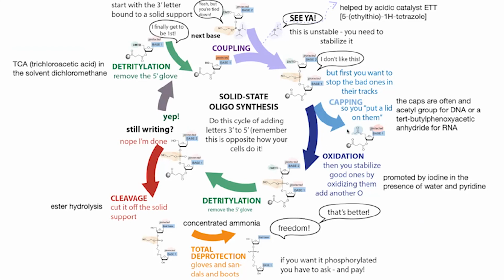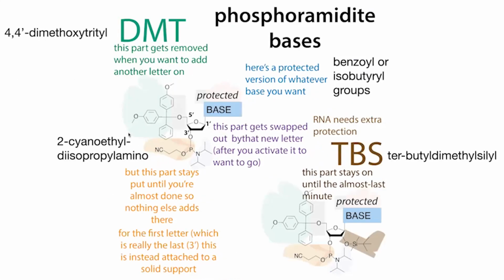So we don't want to remove this cap from these, but we want to remove this original glove that we started with, this DMT protective group, so that we have a 5' OH that can then go and attack an incoming letter. So we need to remove that trityl group, that weird thing with those three rings. That's called a trityl. And so we need to detritylate it. So we need to remove this part so that this 5' OH is free.